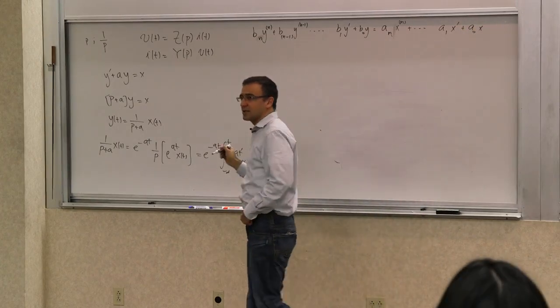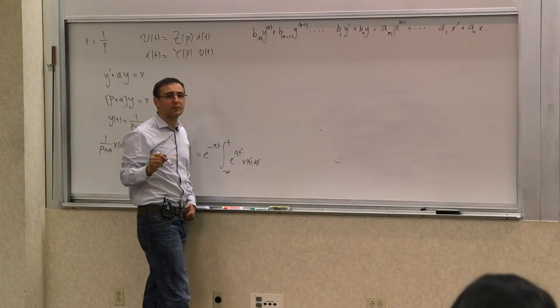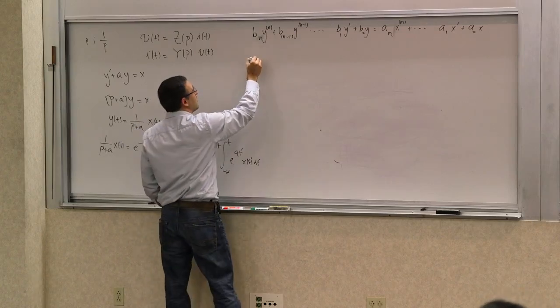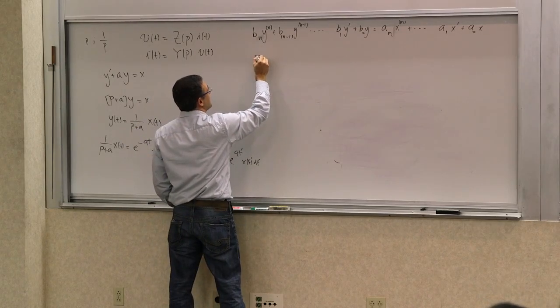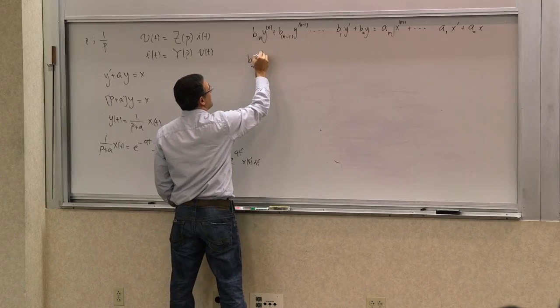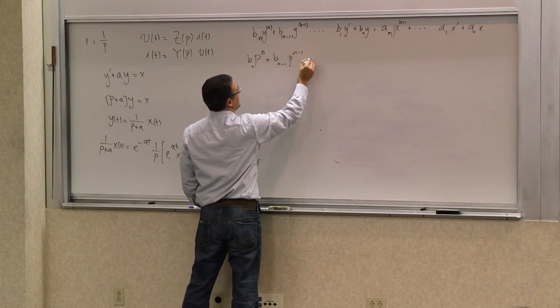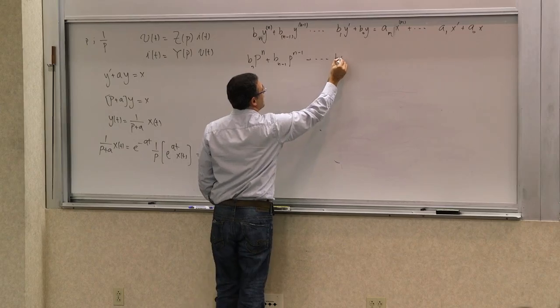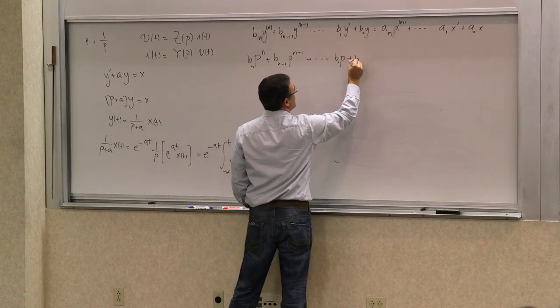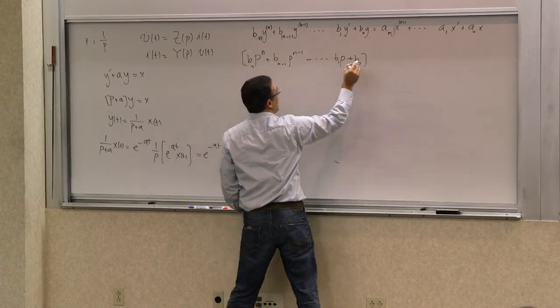If you have something like this, you could write it in terms of the p operator with a characteristic polynomial, which was basically bn p to the n, bn minus 1 p to the n minus 1 all the way down to b1 p plus b0, all operating on y.